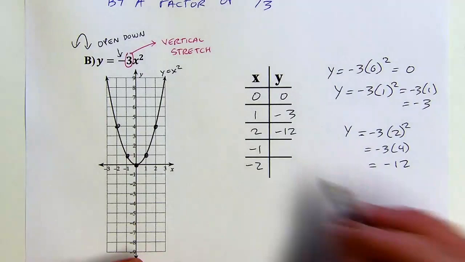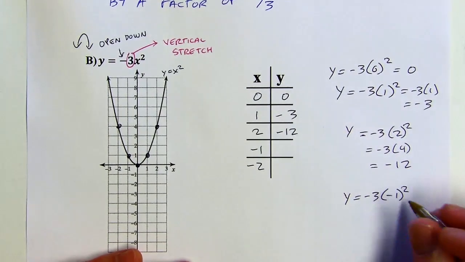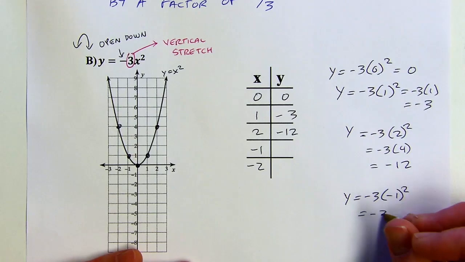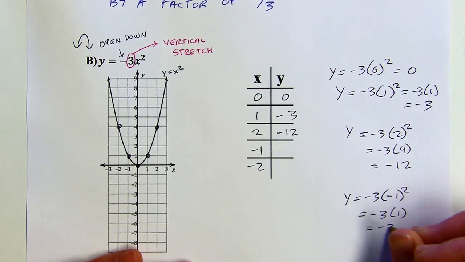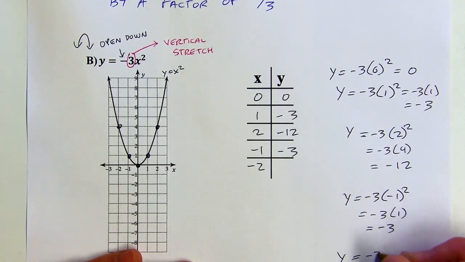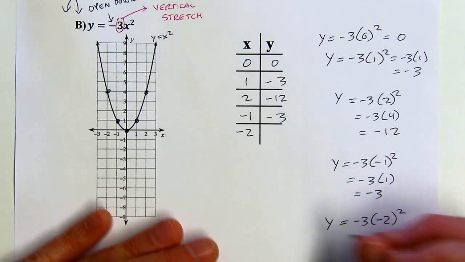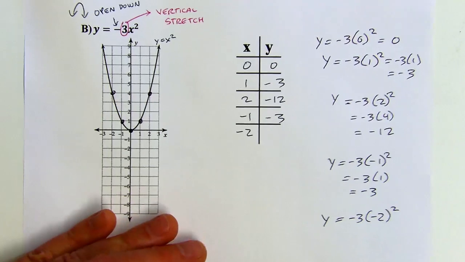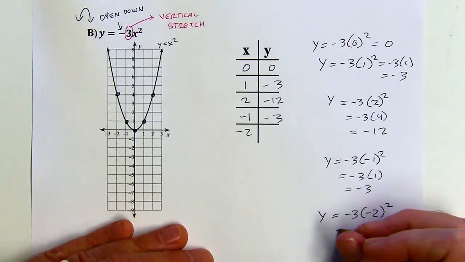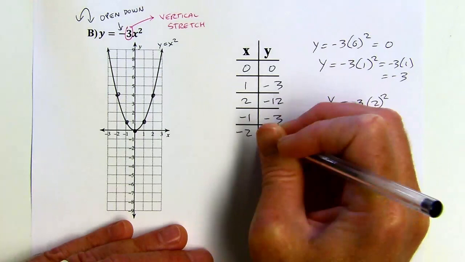And then let's see, when I plug in a -1, so do the squaring first, then the multiplication, I get -3. And when I plug in -2 into the equation, almost off screen there, zoom out a little bit, then I've got -3 times 4, which is -12 again.